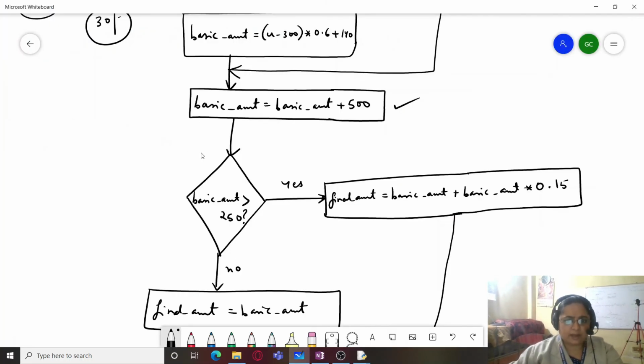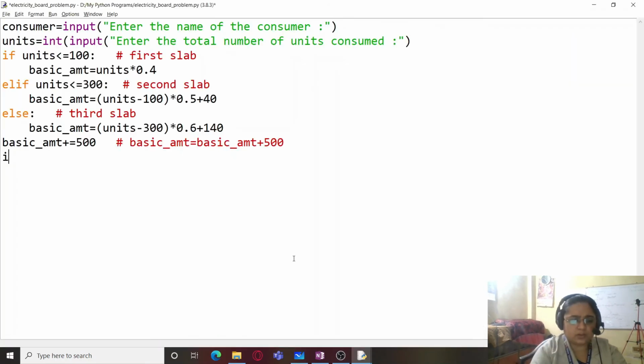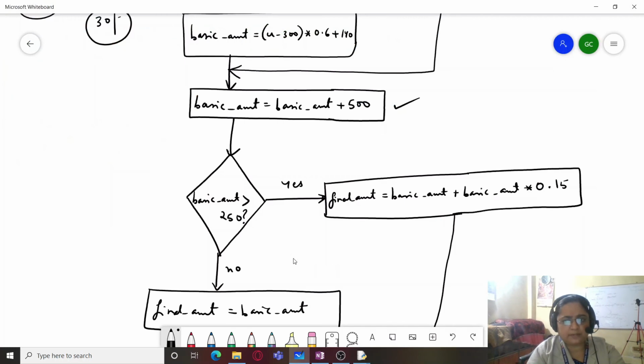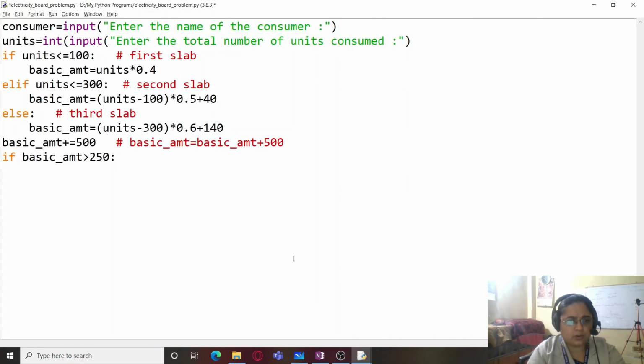After this, you have to check whether basic amount exceeds 250 rupees or not. So if basic amount is greater than 250, then you will have to levy an extra 15% surcharge.